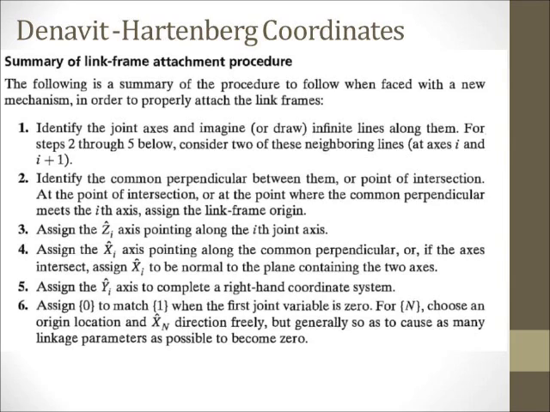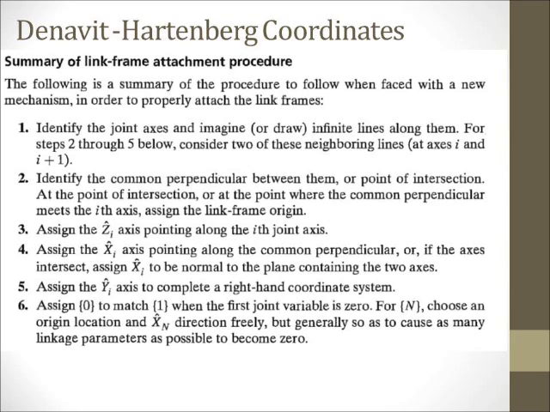Second, identify the common perpendicular between them, or point of intersection. At the point of intersection, or at the point where the common perpendicular meets the ith axis, assign the link frame origin. Third, assign the zi axis pointing along the ith joint axis.